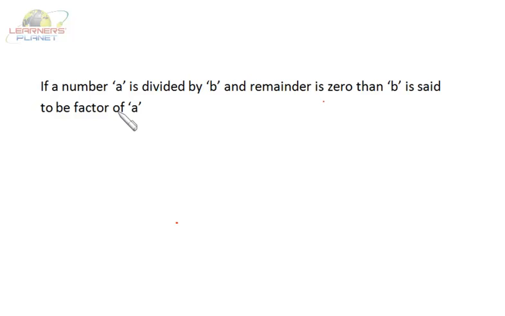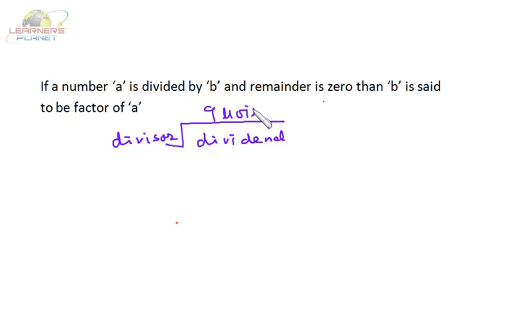In a division, here comes dividend, here divisor, here quotient, and here whatever we get as remainder.